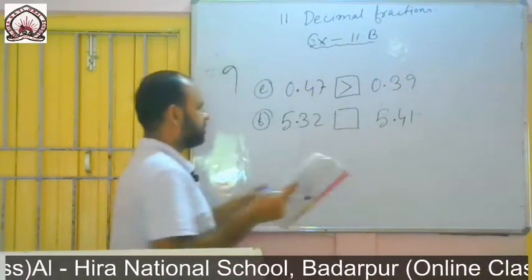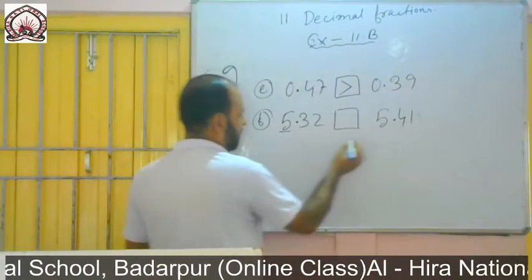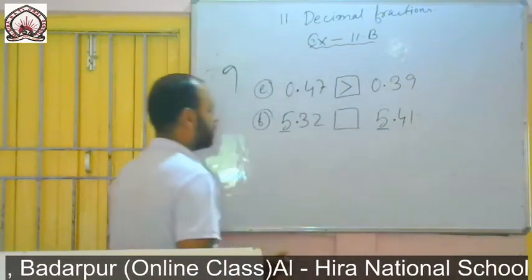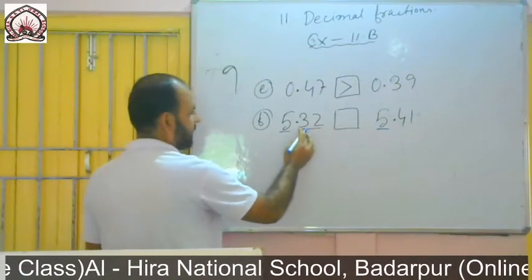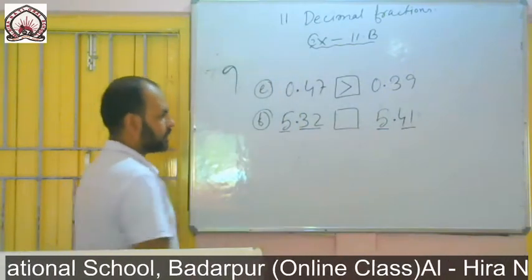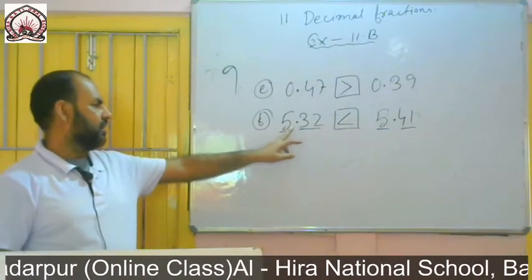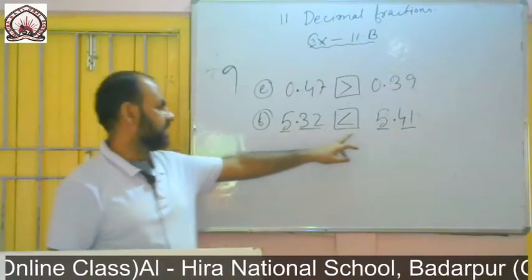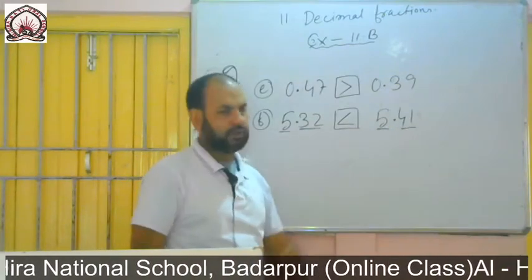The 5 is the integral part on both sides, so the integral parts are the same. Now we compare the decimal part: there is 32 and there is 41. So 41 is bigger. So 5.32 is less than 5.41.